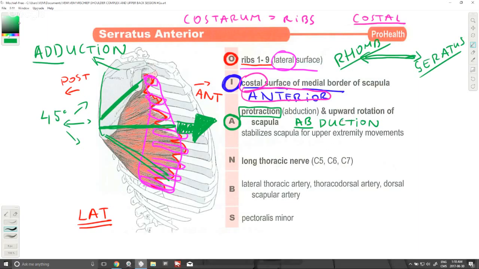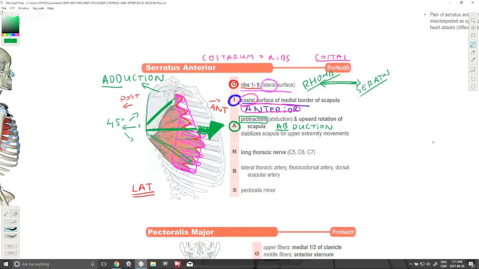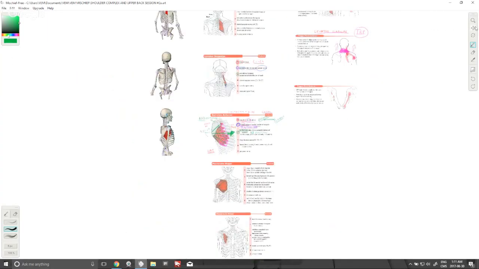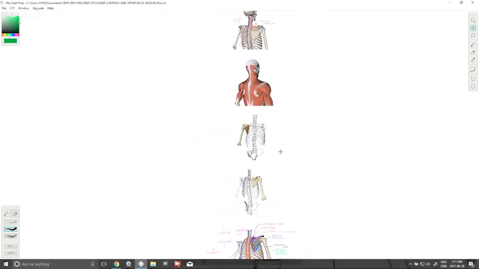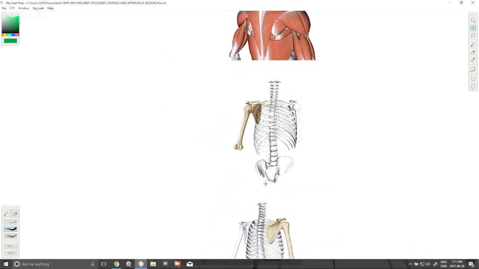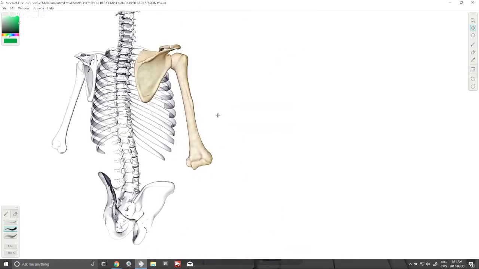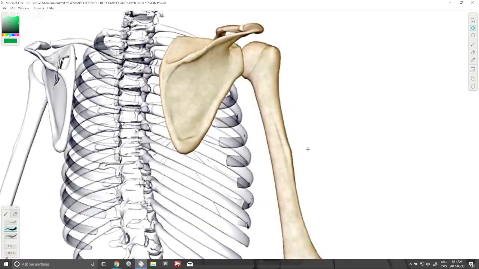What was upward rotation? What does that mean? Let's go to the shoulder blade. I talked about that last time. I want this to be clear. Okay, so shoulder blade right there.